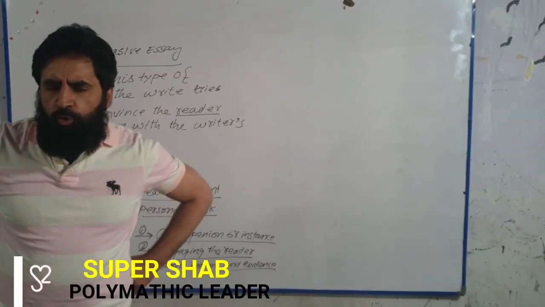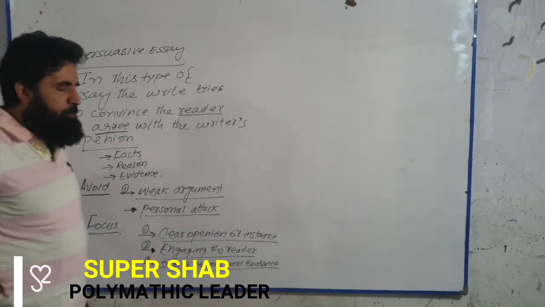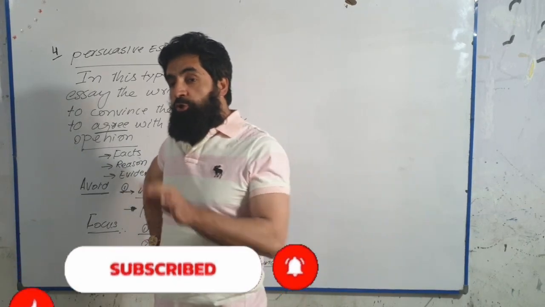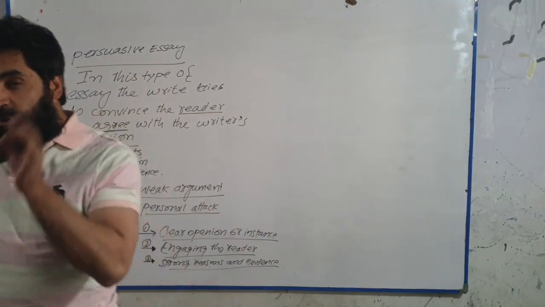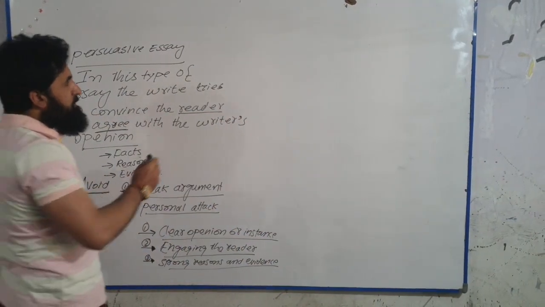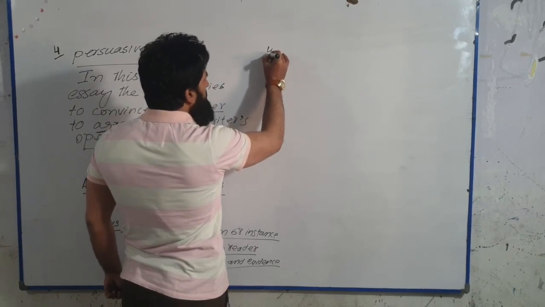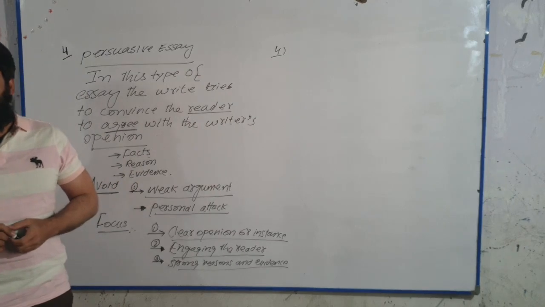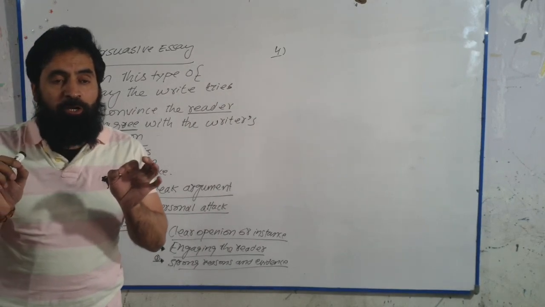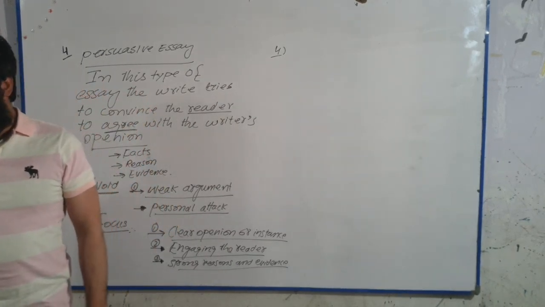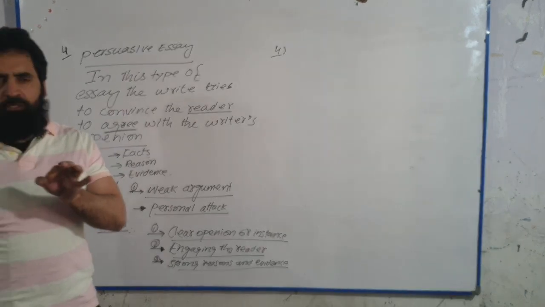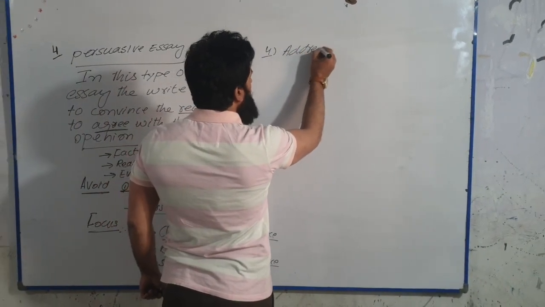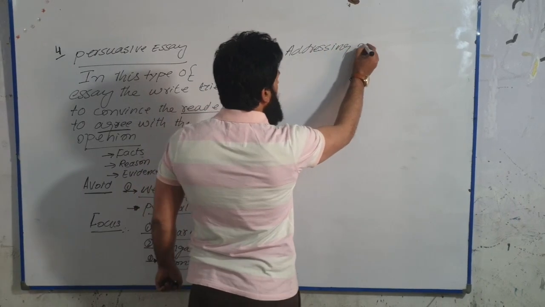What about the fourth one? This is much more important. You should not avoid this; you should focus on this point. Let me write it here so it will be visible to all of you. That is acknowledging the opposing point of view. You should address the other side as well.